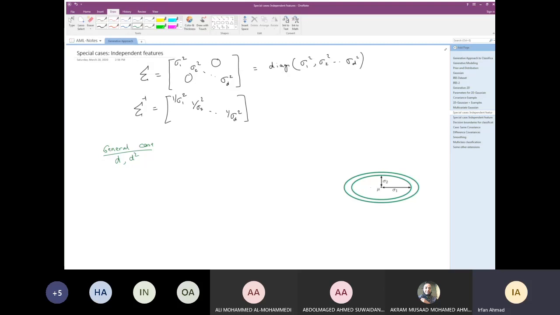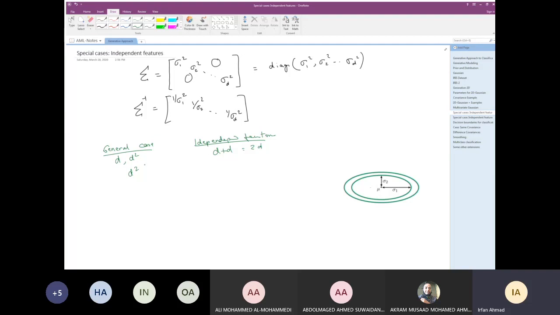But in the special case where the features are independent, you end up with d plus d only, 2d. So in the general case you have the order of d square parameters; here you have 2d. It's a big reduction in the number of parameters you need to train for the model.